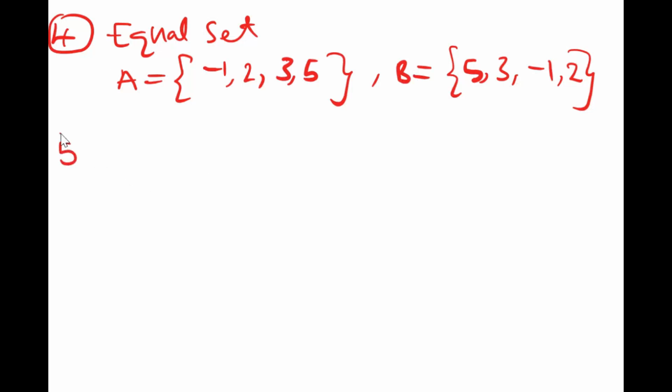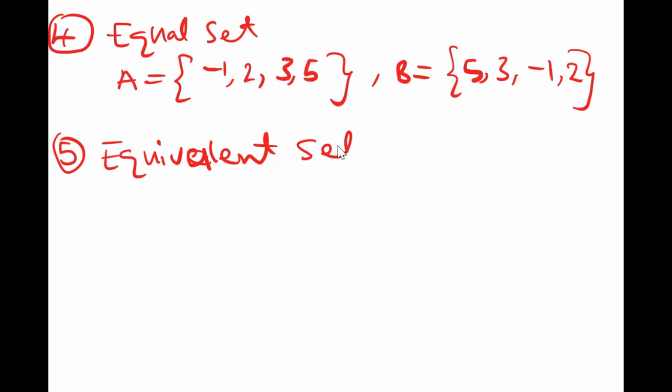Then the next one is equivalent sets. Two sets are said to be equivalent if they have the same number of elements.